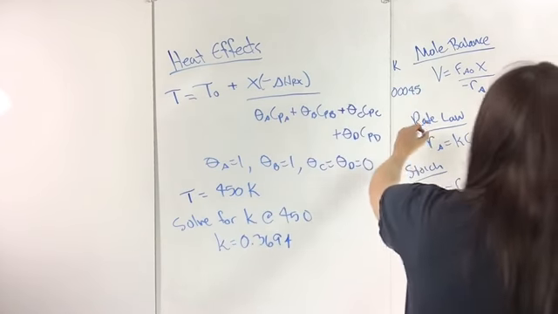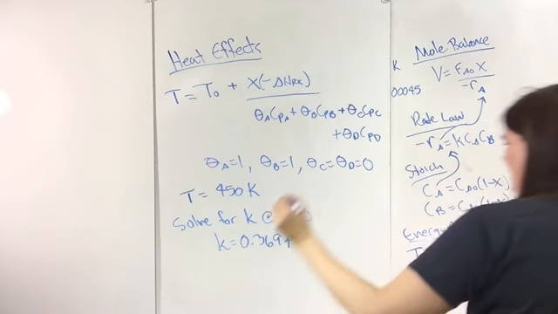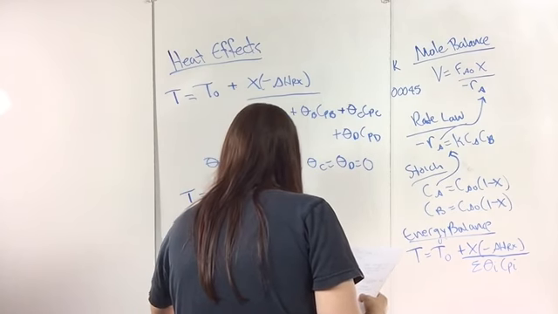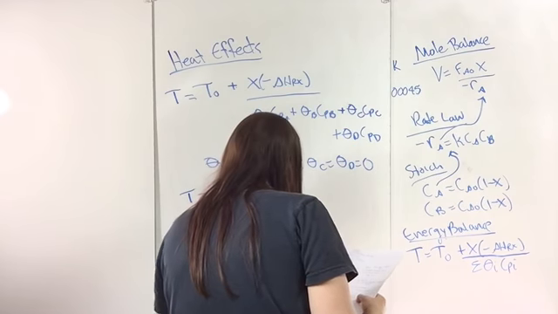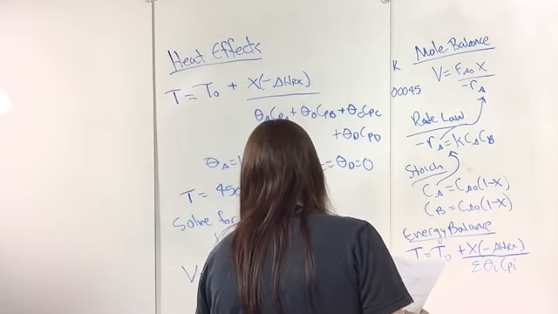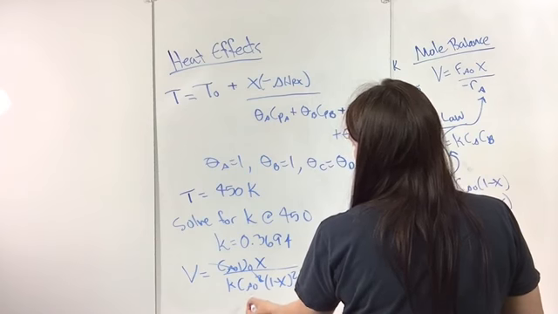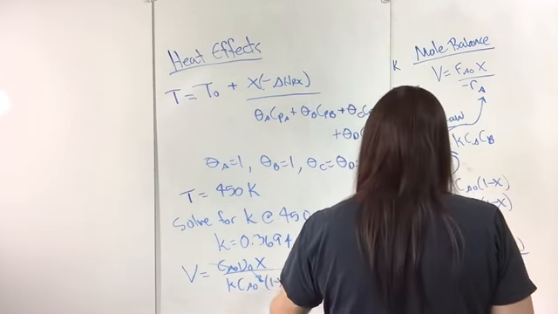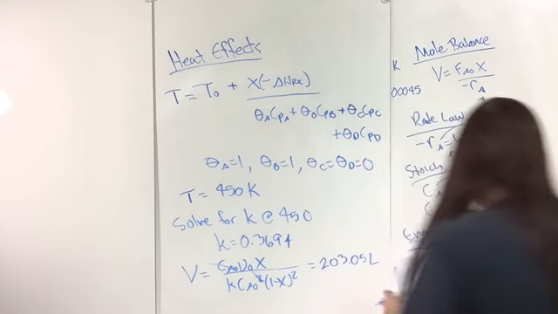Then we can combine the stoichiometry and rate law, and we get that V is equal to CA naught V naught X over K CA naught squared (1 minus X) squared. So the CA naught cancels, and we know everything else. We know V naught, we know CA naught, we just calculated K, we know X. So we end up getting 203.05 liters.